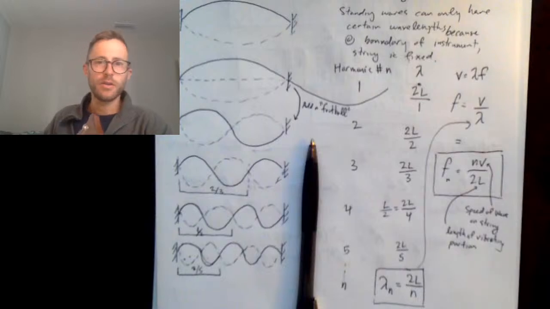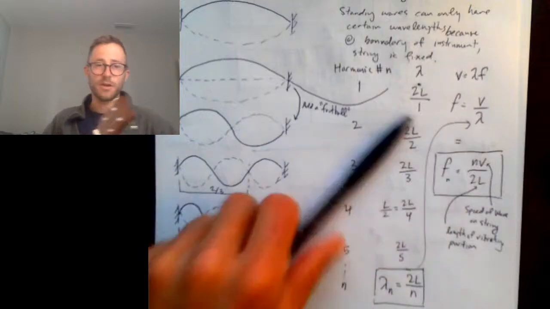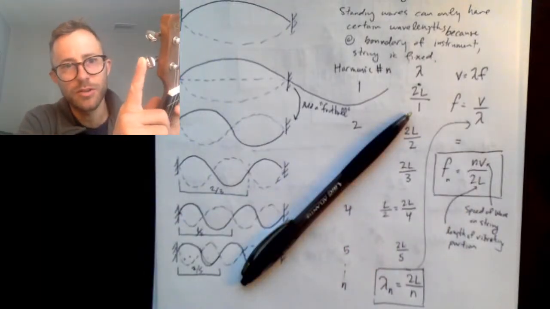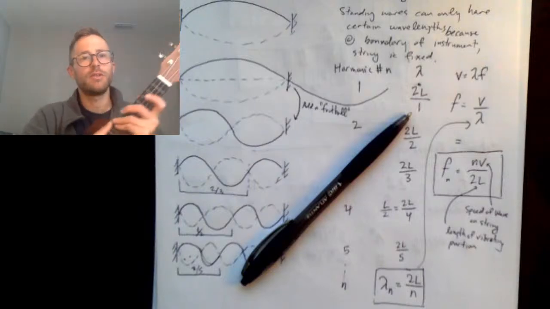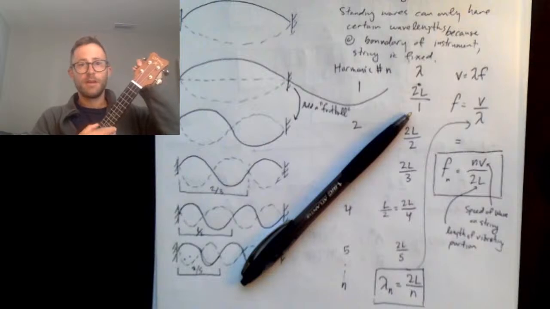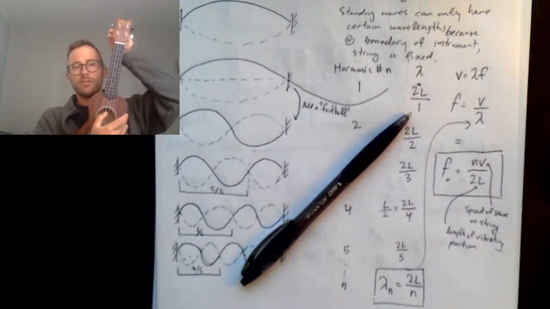Now the other thing that we have control over is the wave speed, V. Okay? So I have these pegs up at the top of the ukulele, which are for tuning it. Okay? So I'm letting the full string vibrate.